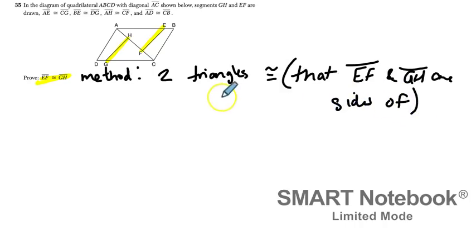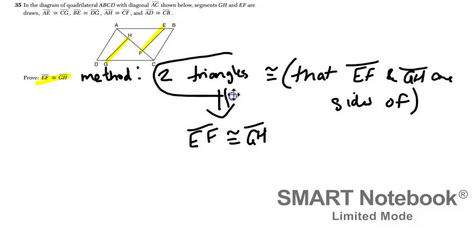And once I prove those two triangles are congruent, because congruent triangles have all of their parts congruent, meaning all of their angles are congruent, all of their sides are congruent, I'll be able to say that EF and GH are congruent by CPCTC, aka corresponding parts of congruent triangles are congruent.